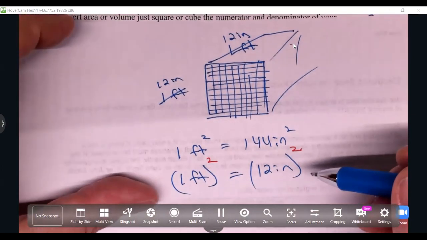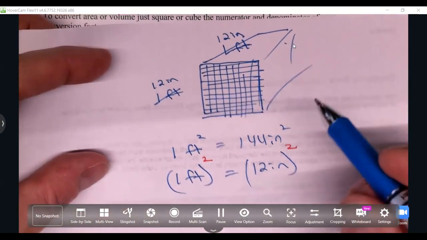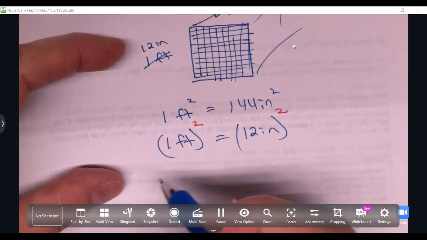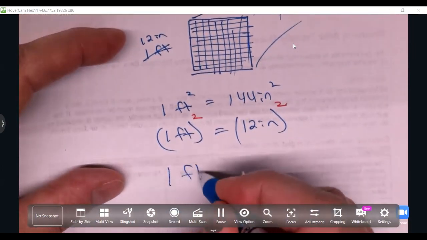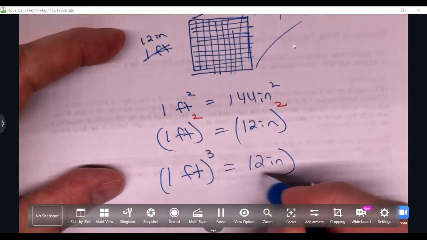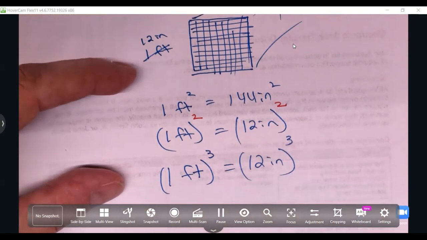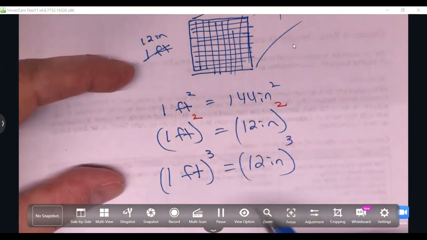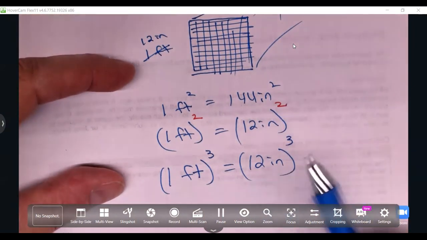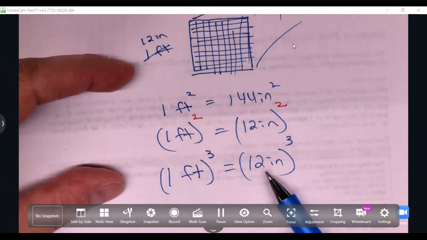And then in this sweet English system, 1 cubic foot then can do that. Right? This 12 cubed is 1728. Why try to memorize 1728? We're going to multiply or divide by 12 3 times.